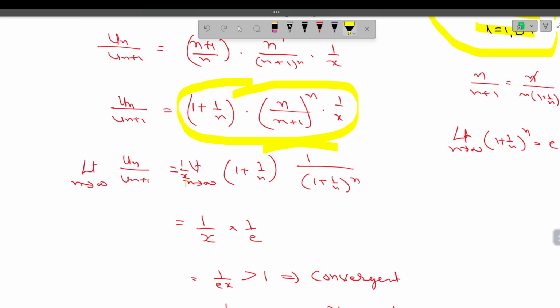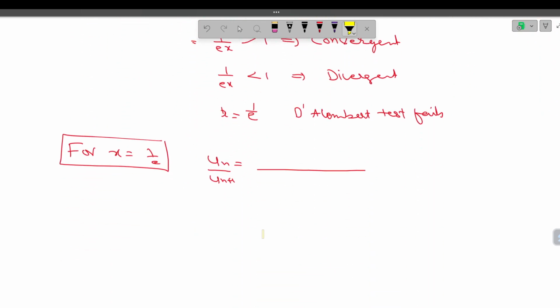And x equal to 1 by e means it will go to the numerator. So this will be 1 plus 1 by n into e, divided by 1 plus 1 by n whole to the power of n.